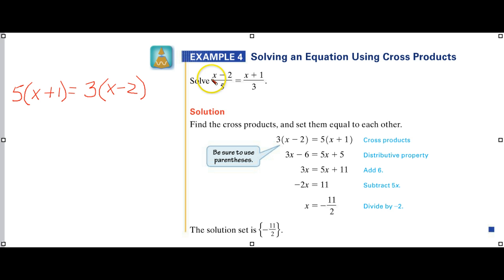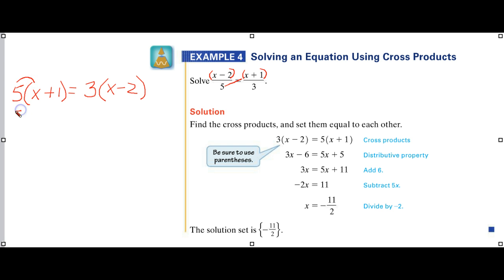Now, this division bar is also a grouping symbol, so we can replace that with parentheses here. So when we cross multiply, we're going to multiply 5 times this, which is what I set up there, and then 3 times this. Now you have to put what I have in parentheses, because now we're going to what they call distribute the 5.